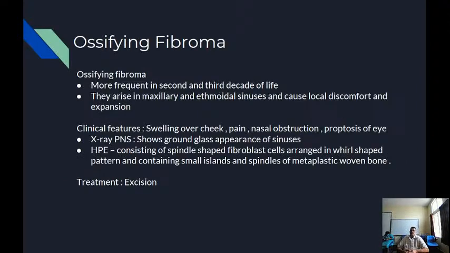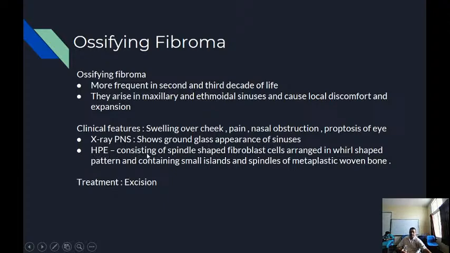Now, first we go into the ossifying fibroma. These are usually present in the maxillary and ethmoidal sinuses. Okay, and the clinical features are nasal obstruction, sometimes headaches because they block the sinuses, and the examination is the X-ray of the paranasal sinuses, basic, and the CT scan.